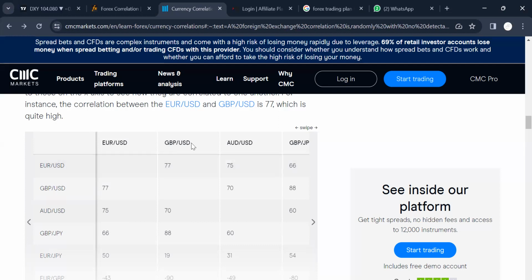GBP/USD is also on the right. Now look at EUR/USD again, and then the Australian dollar against the USD. You see the same formula.